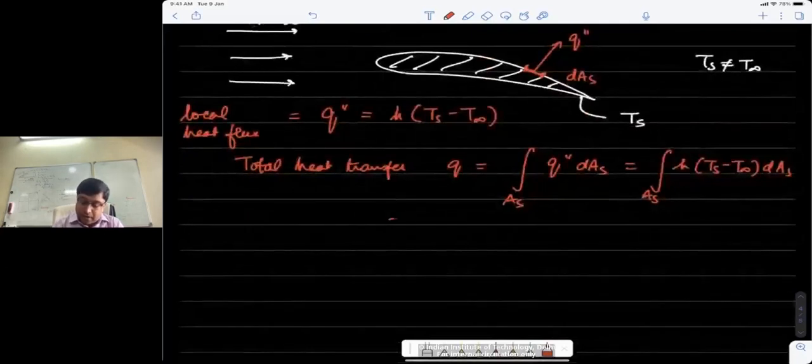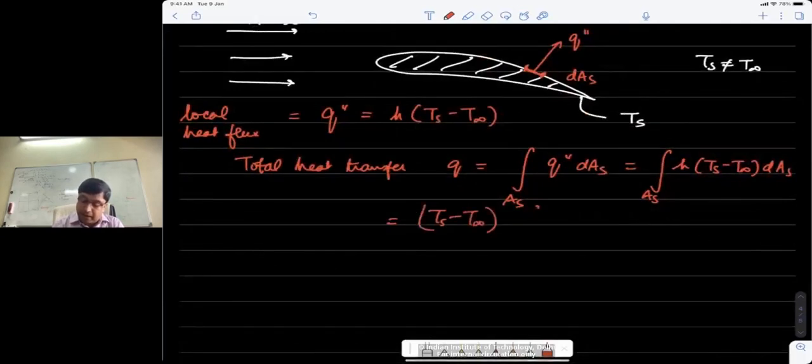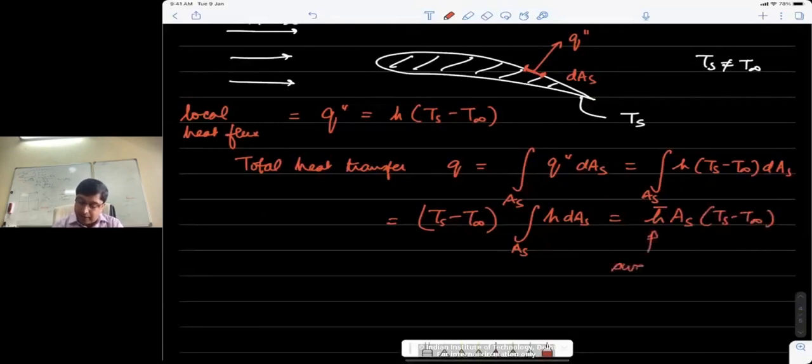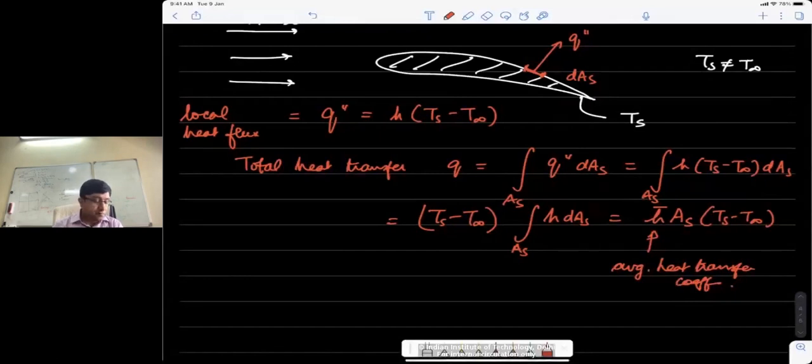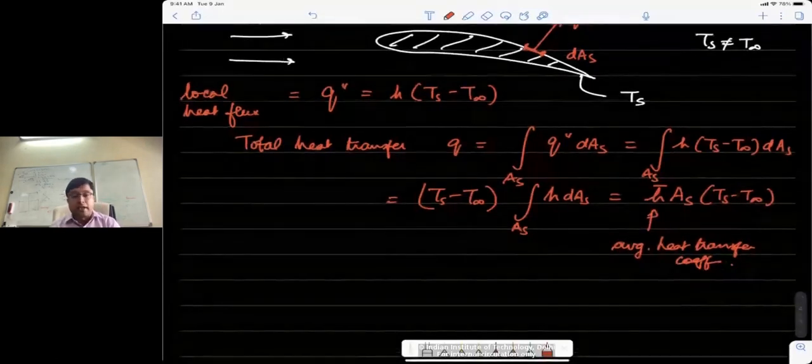Knowing that Ts and T infinity are constants, Ts minus T infinity comes out, and this will be the integral of h dAs over the surface As. I can replace the integral of h dAs by an average value of heat transfer coefficient times the surface area, times (Ts minus T infinity). So this is the average heat transfer coefficient, which is applicable for the entire surface, not just for one specific location.